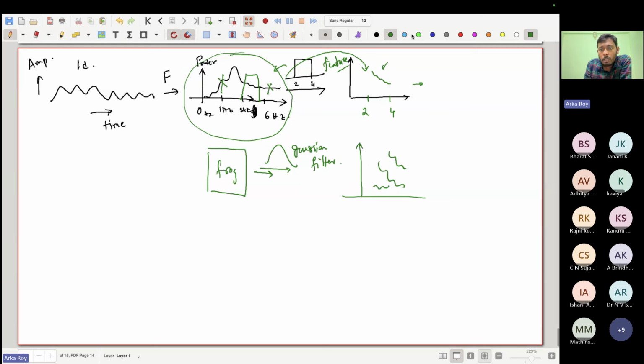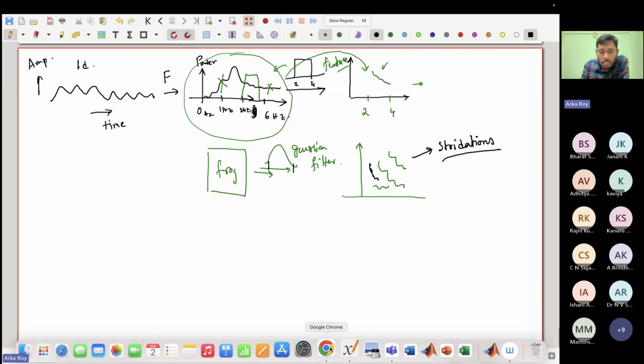Some parts will be of lower intensity, because it is trying to extract those components which reside within the cutoff frequency of the filter. I'll show you how it looks. Over there, mainly you will see the striations. In any standard computer vision or image processing application, you'll see that these sorts of features are used.